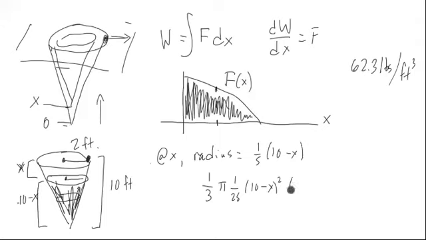The height is 10 minus x. So this right here would be the volume at position X. And then if you multiply it by 62.3 pounds, you get the force at position X. So what we end up getting is something that we can integrate.